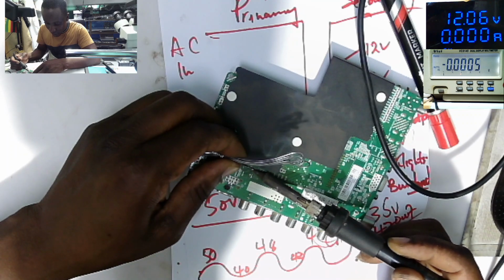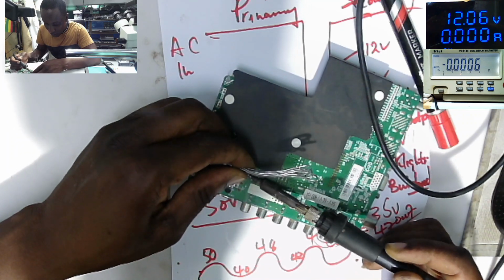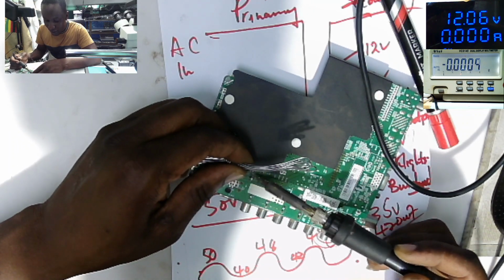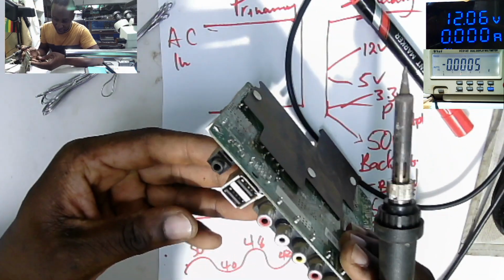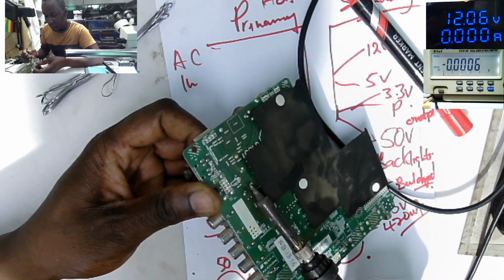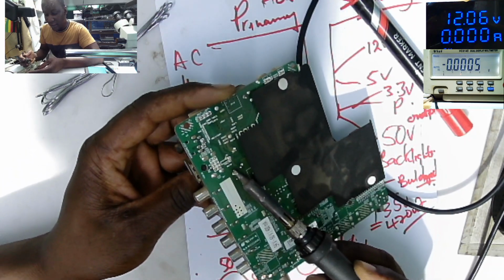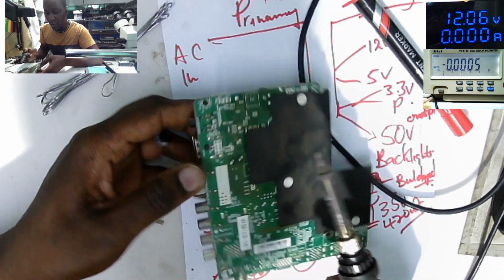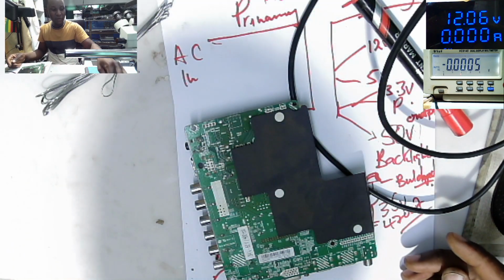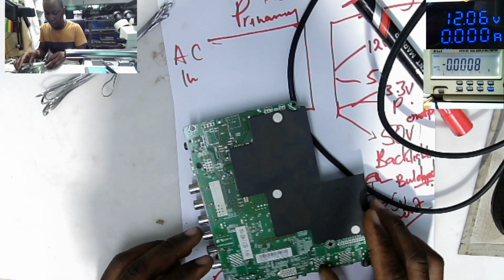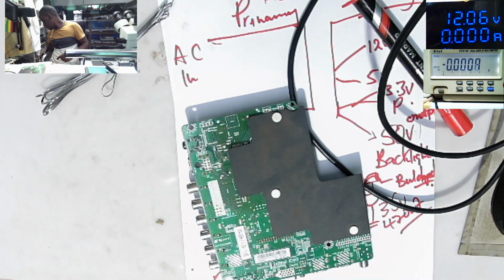Nothing to check. Because you have to understand a few things on the backlight thing. If you have a flashing logo, it means that the backlights are okay, but we have something on the motherboard. That's how I see things.